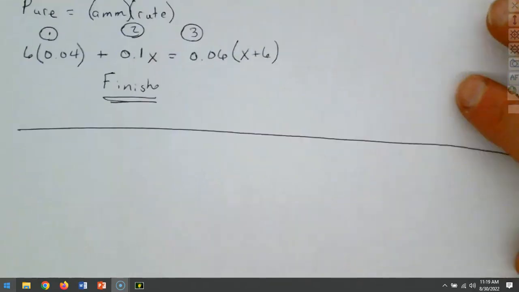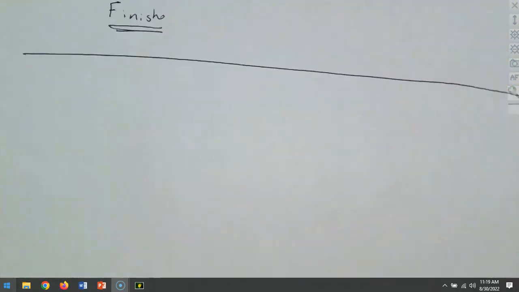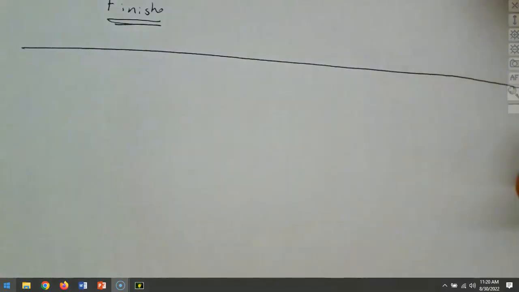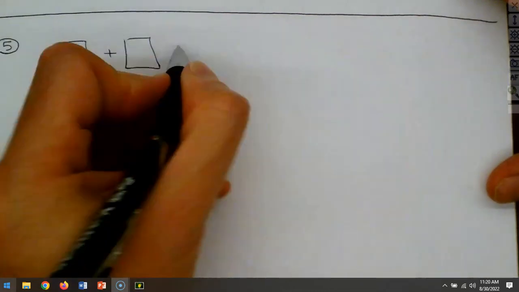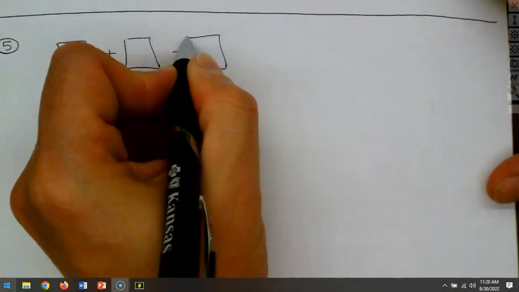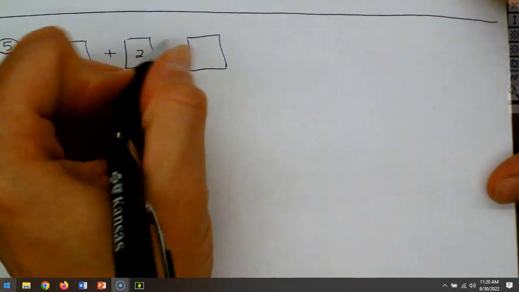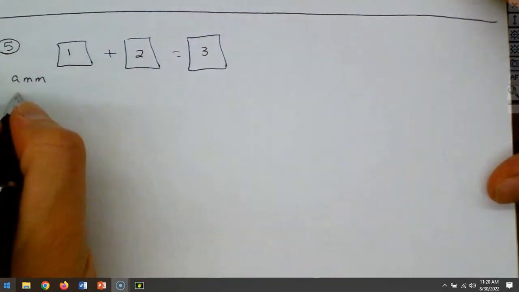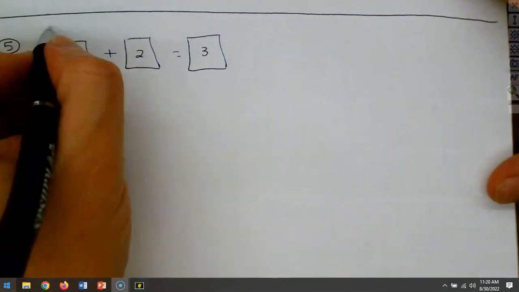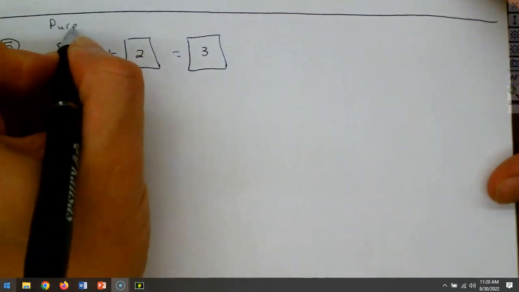So let's begin by looking at the pure. So it says how much pure. So we don't know how much pure, so we're going to use an X to represent that. We've got our 3 containers. And so the first one, that's going to be your pure.